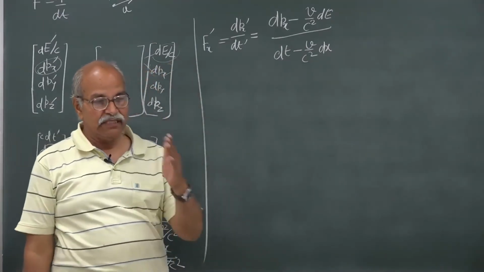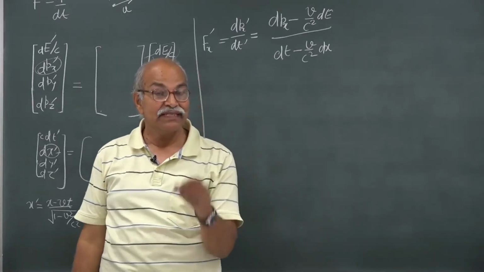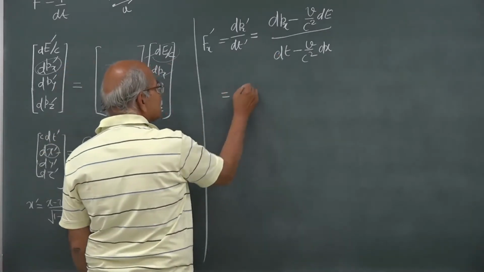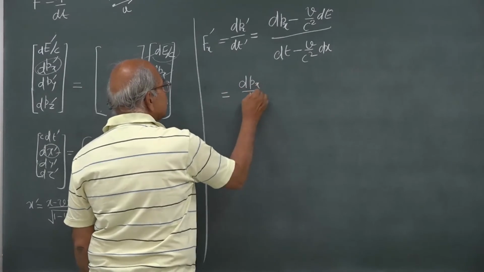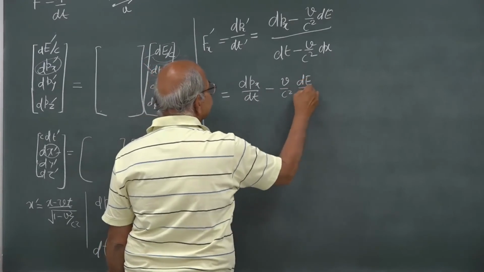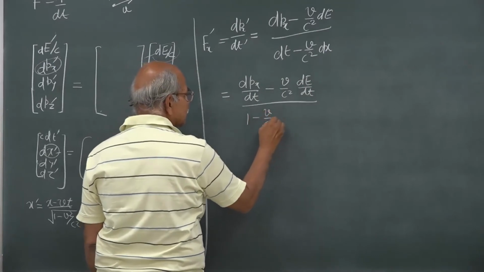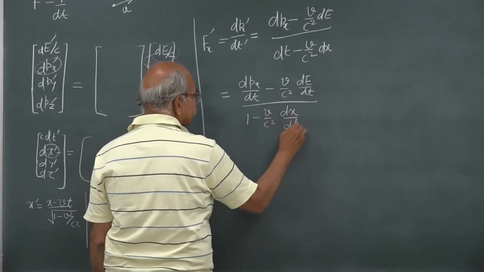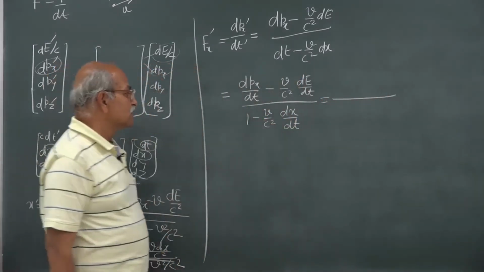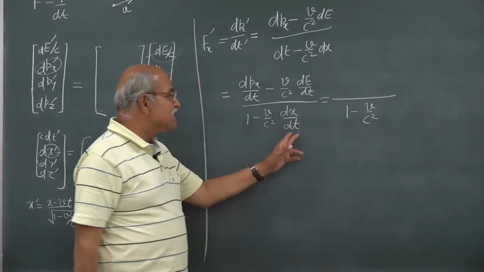Remember, dx, dy, dz is the displacement of the particle as seen from S in time dt. So divide by dt, this is equal to dpx by dt minus v by c square dE by dt, divided by 1 minus v by c square dx by dt. First, let us look at the denominator. This is 1 minus v by c square. What is dx by dt?